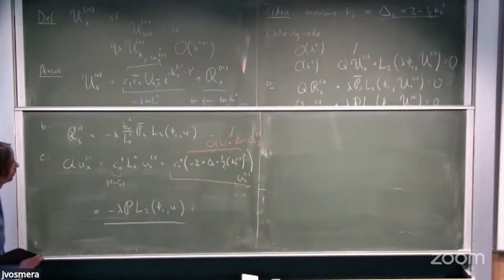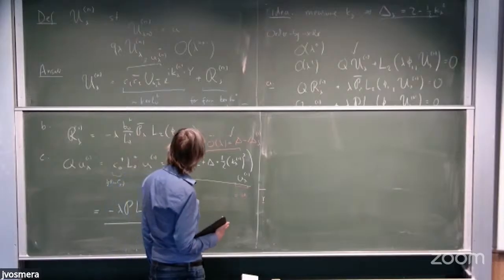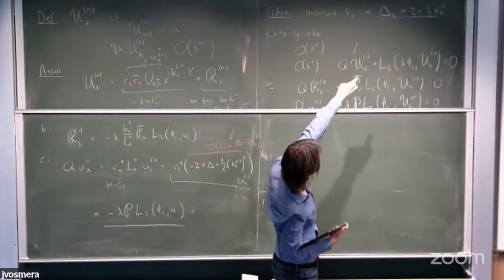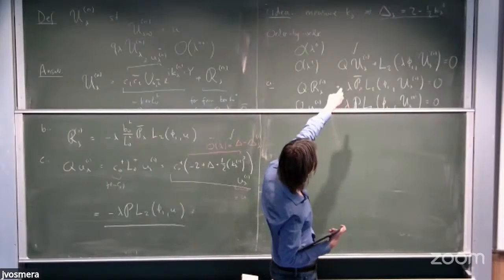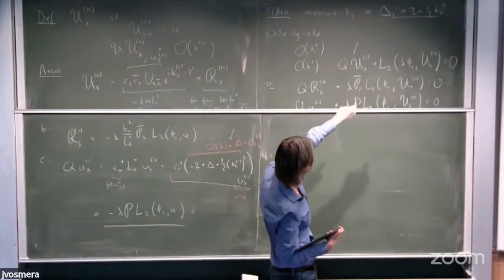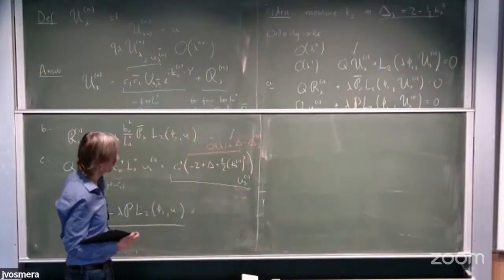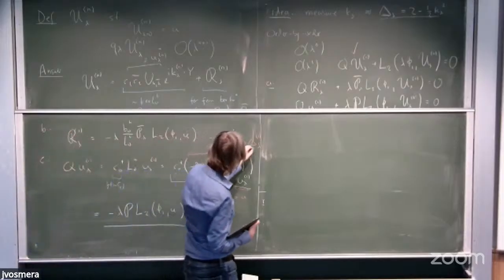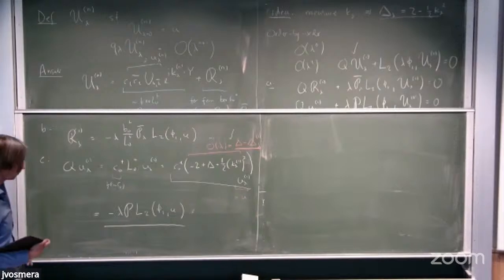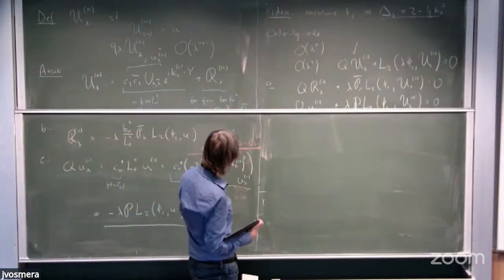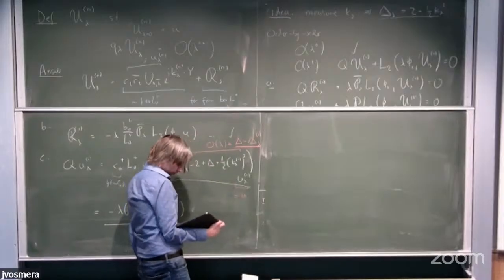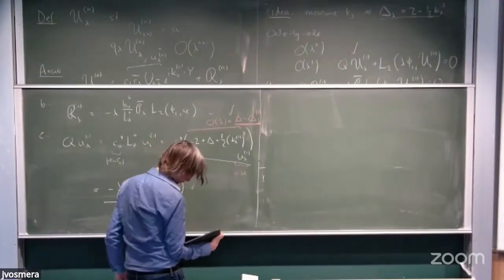You can very quickly derive that by recalling how we define this delta lambda, the deformed scaling dimension. So delta lambda 1 would be 2 minus half of k lambda 1 squared. Substituting for k lambda 1 squared, you quickly notice that this bracket is just the difference of the original scaling dimension and the deformed scaling dimension to the first order of accuracy, so the leading order of accuracy.